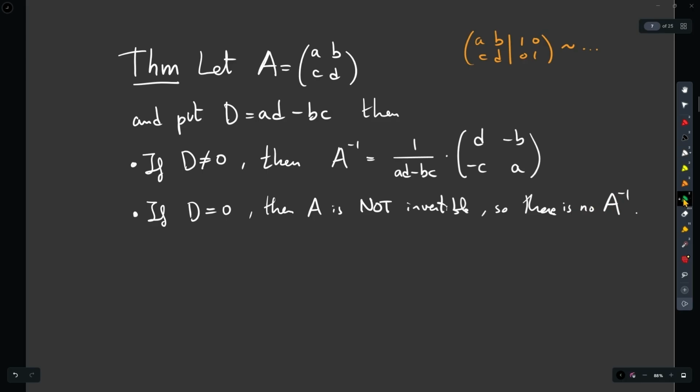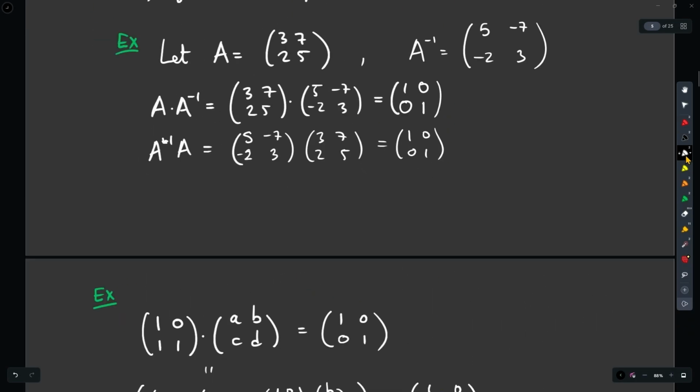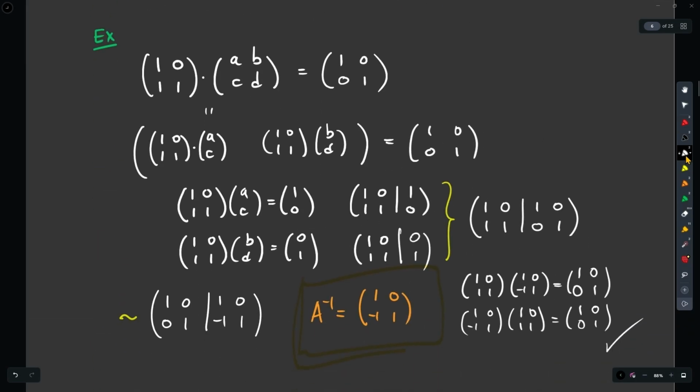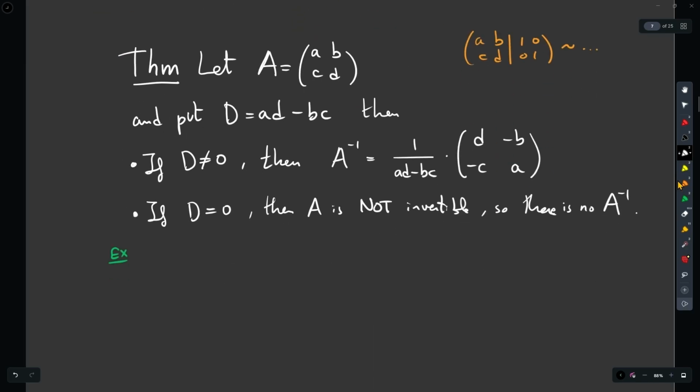So for example, let me show you one quick example. We had previously the matrix 3, 7, 2, 5. So let's start with that matrix. For this matrix, D is 3 times 5 minus 7 times 2, so it's 15 minus 14, which is 1.